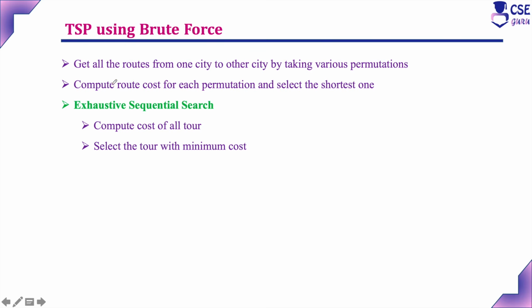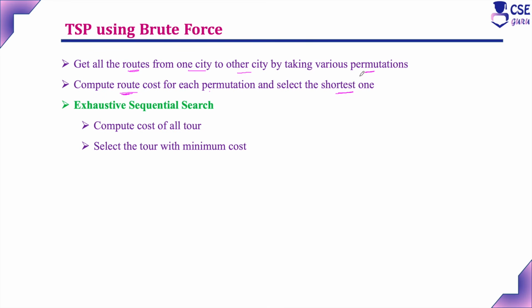In the brute force technique, we have to get all the possible routes from one city to another by taking various permutations. We compute the cost of each route for each permutation and select the shortest one, that is, the minimum cost.